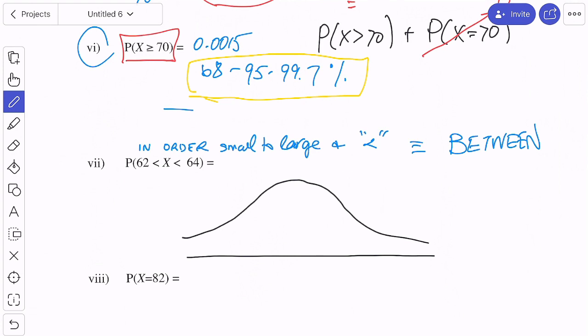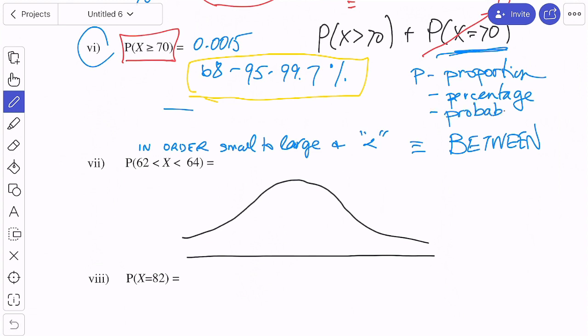Gabrielle, you're asking about this thing above here? So in a continuous distribution, there's no area or density. P is probability, proportion of observations, the percentage of observations, or the probability. These all mean the same thing.